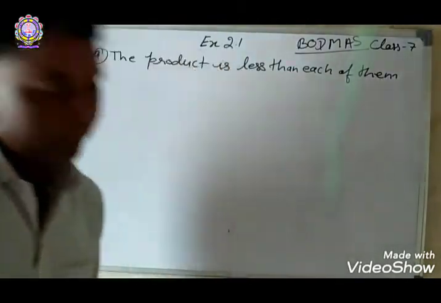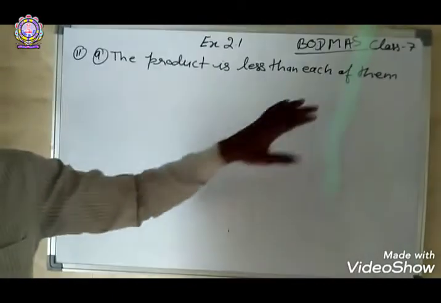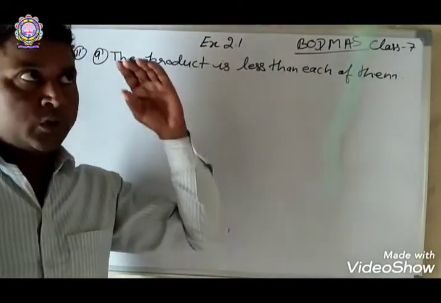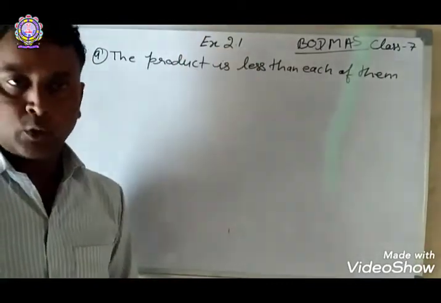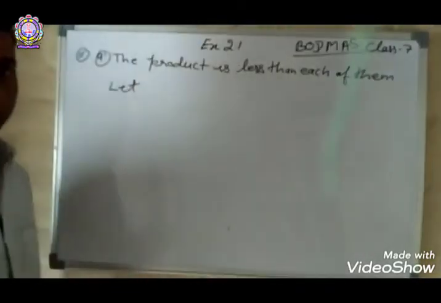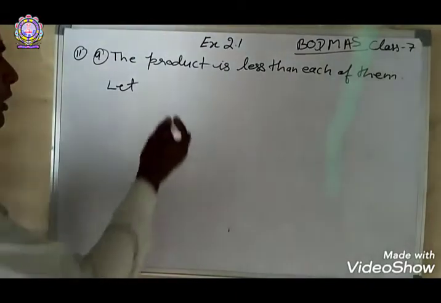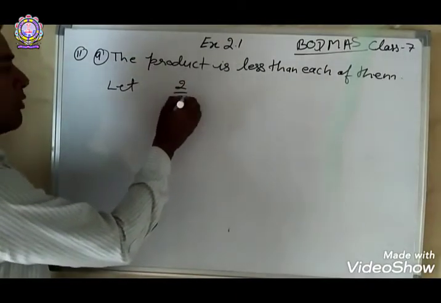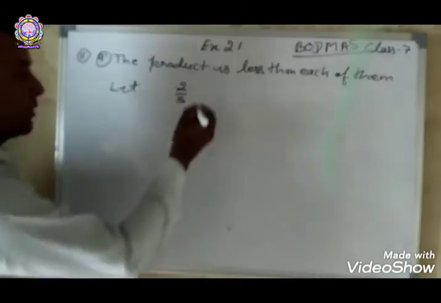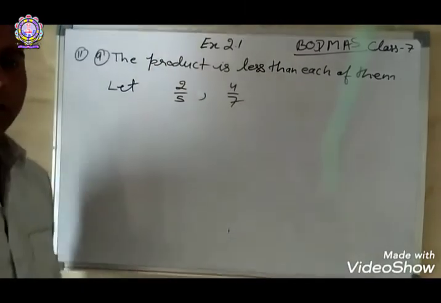In this type of question, we take any two proper fractions. You know a proper fraction is one whose numerator is less than the denominator. So let us take two proper fractions, like 2 upon 5 and another fraction 4 upon 7.